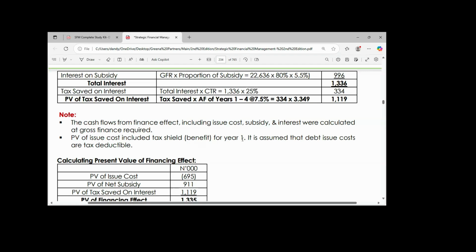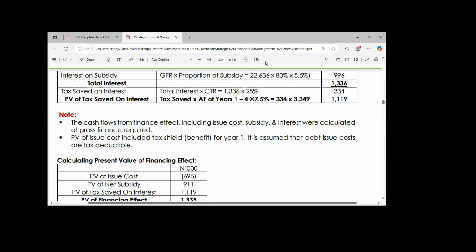Okay, but at all times you need to include it, except the examiner says otherwise. You have to calculate for the tax saved on the issue cost amount in year one at all times, except if examiner says you should not do it. All right. So it is assumed that debt issue costs are tax deductible. Okay, there's a tax benefit associated with that.